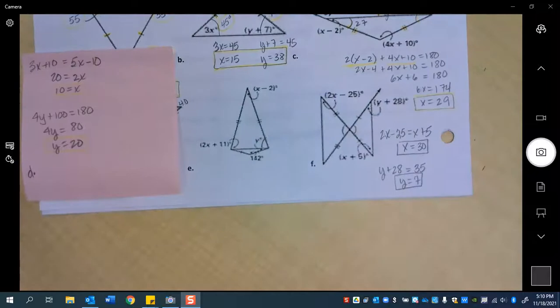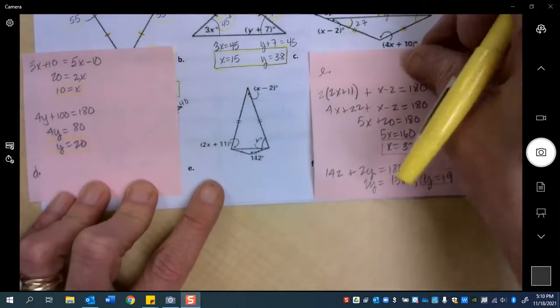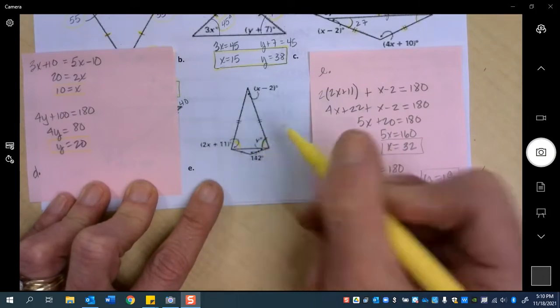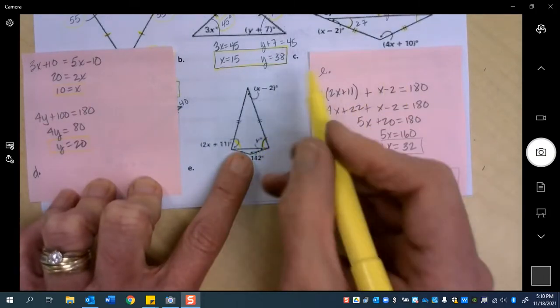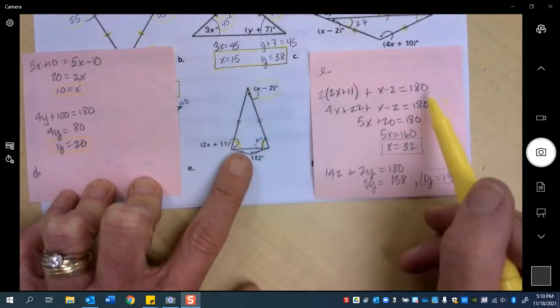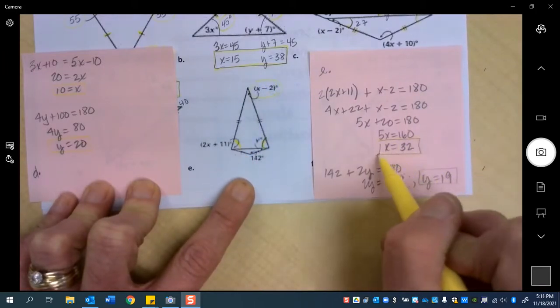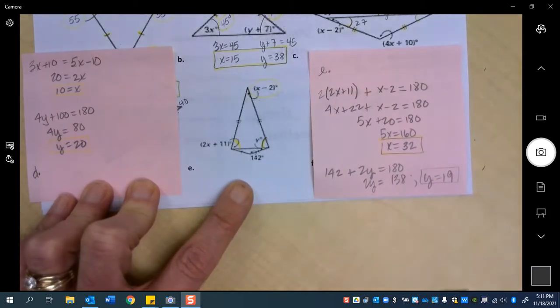Then I have a post-it for E, and for E, I know that twice 2x plus 11 plus x minus 2 has to equal 180. So I use algebra to get x is equal to 32.